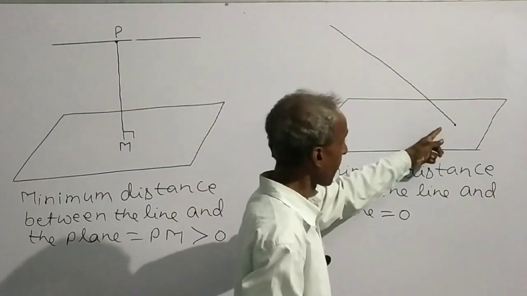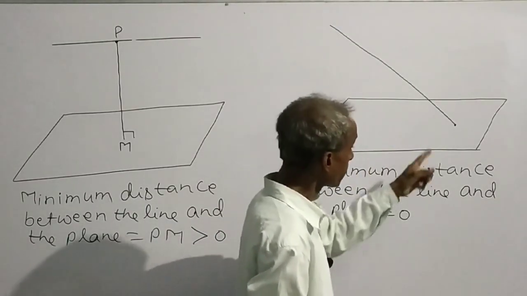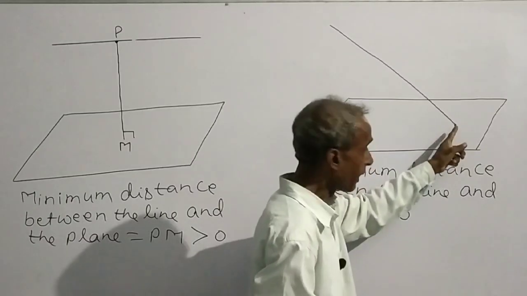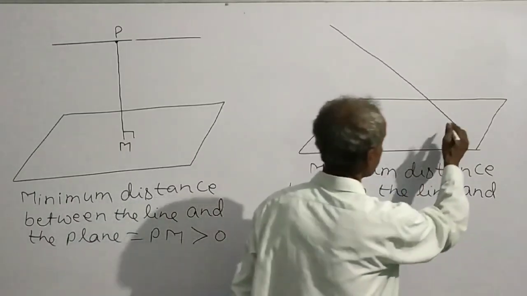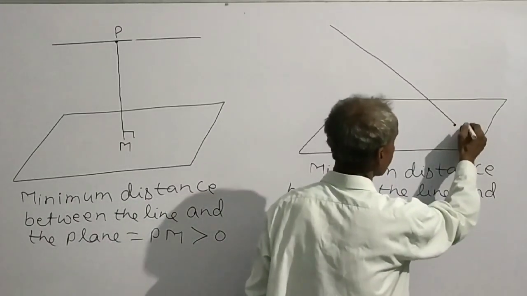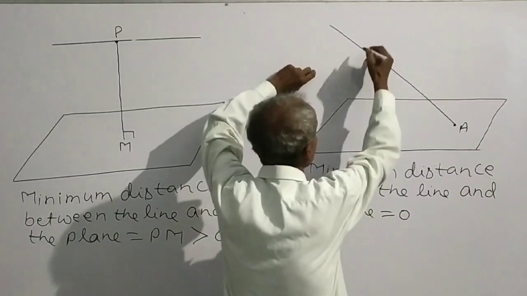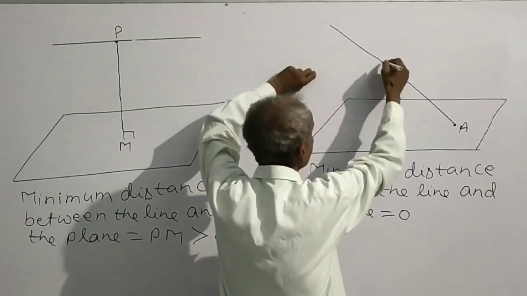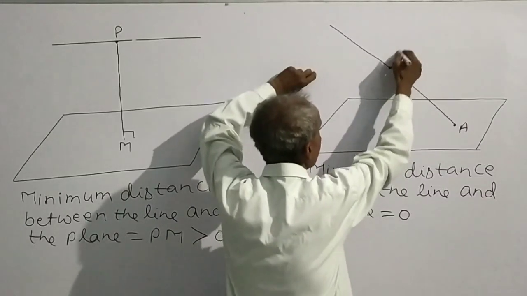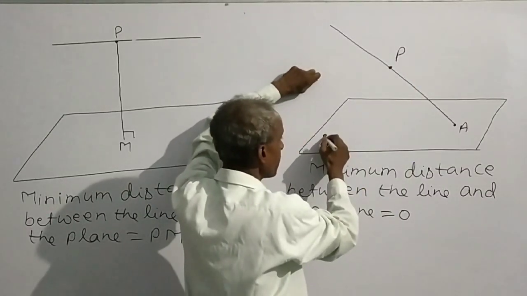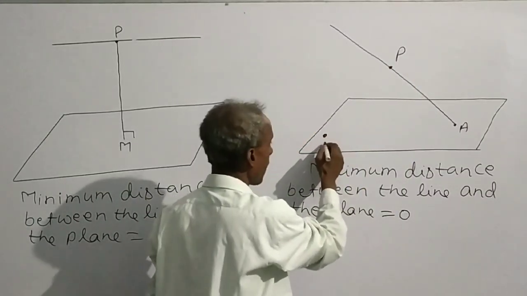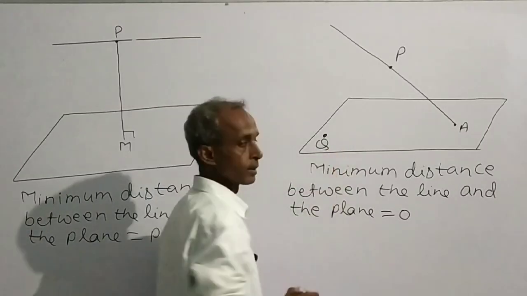A straight line intersects this plane at this point. Suppose this point is A. Suppose P is any point on this line and Q is a point on this plane.